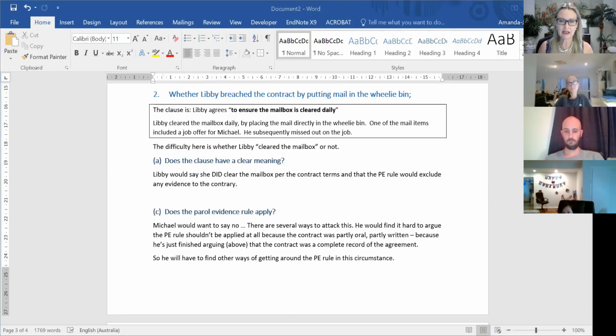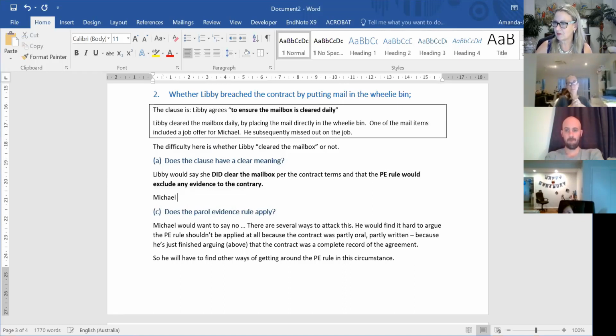Is there a clear meaning here? Obviously, Libby would say she did clear the mailbox and that the parole evidence rule would exclude evidence to the contrary. So he would be trying to argue, well, ambiguity. Well, a number of different things.